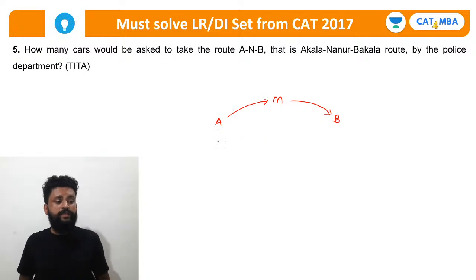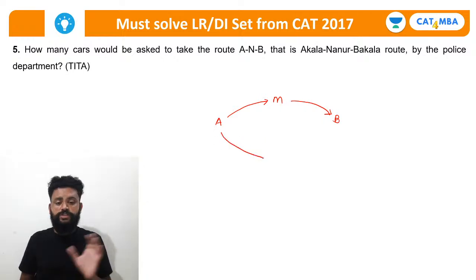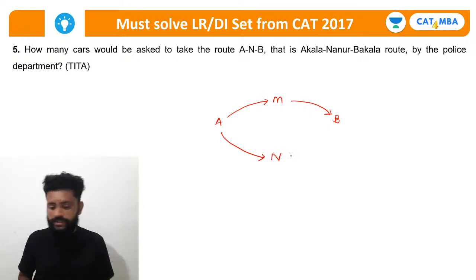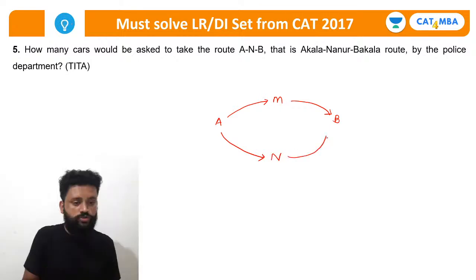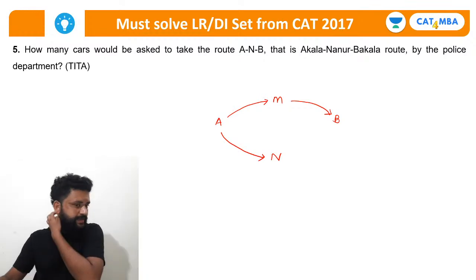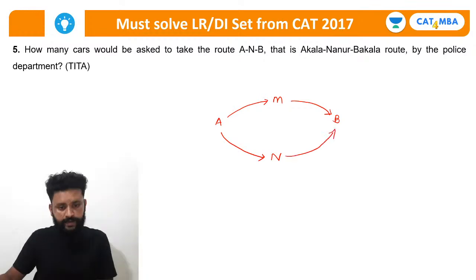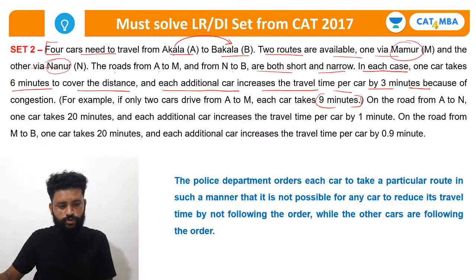The other option is to go A to N. Okay, so the roads from A to M and N to B are both narrow.